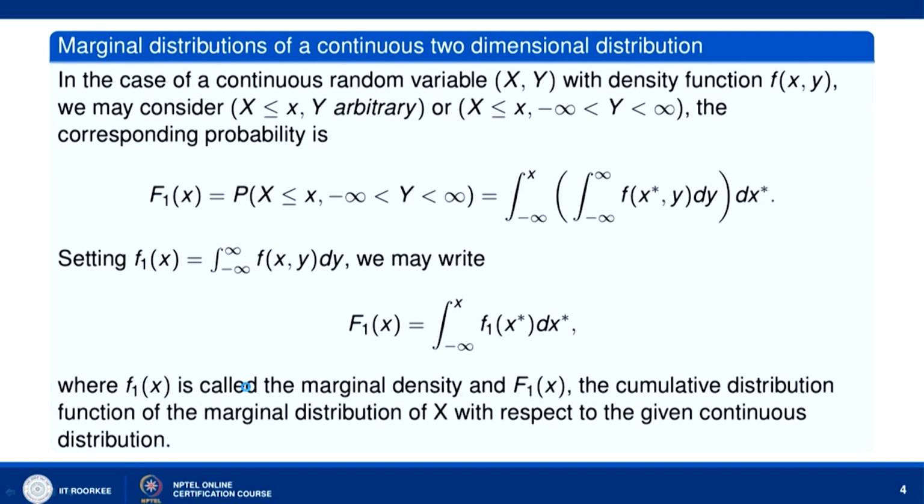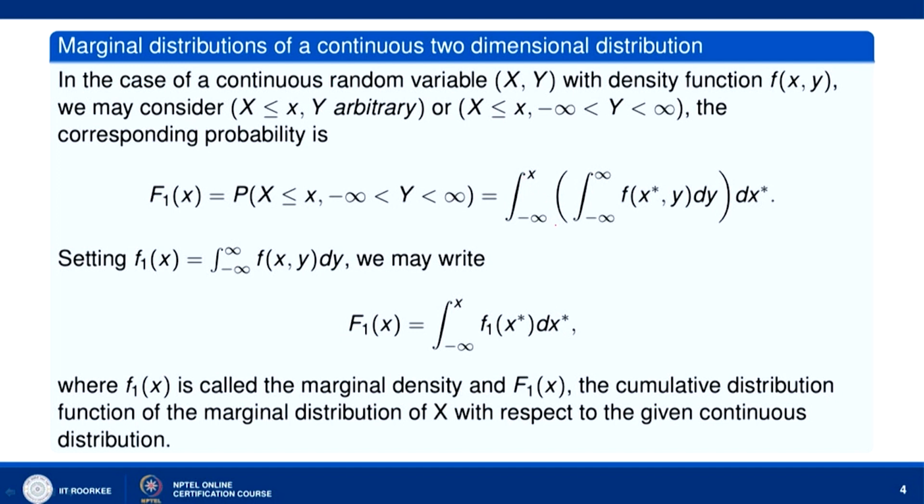Now, in the case of a continuous random variable (X,Y) with density function f(x,y), we may consider X less than or equal to x, Y arbitrary, that is, minus infinity less than y less than infinity. The corresponding probability function is F1(x) equal to P(X less than or equal to x, minus infinity less than Y less than infinity).